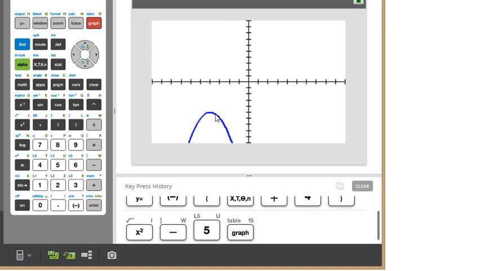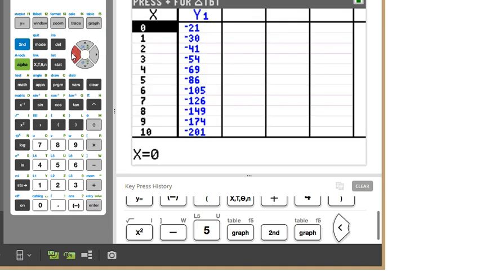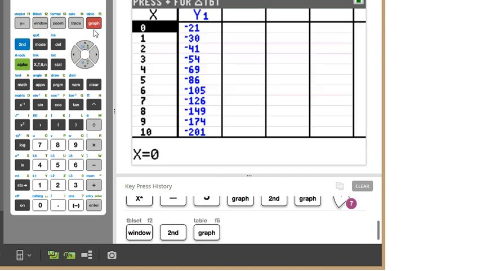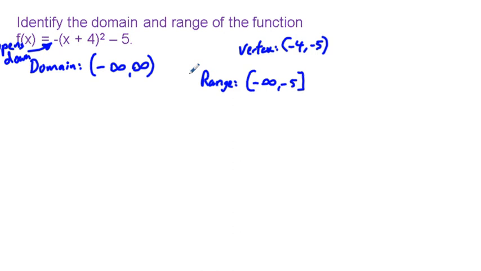We have a maximum here of negative 5 at x equals negative 4. And you could trace to see that that's the case. We could go to the table view. We see where x is. Let's try that again. Second trace. There we go. Where x is negative 4, we have a maximum of negative 5. Okay. So these would be our answers for this one, remaining range.